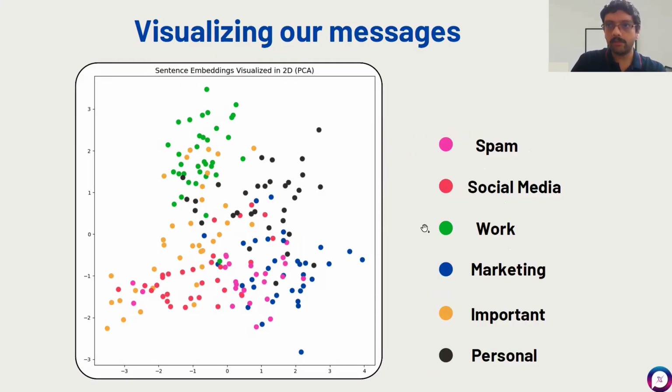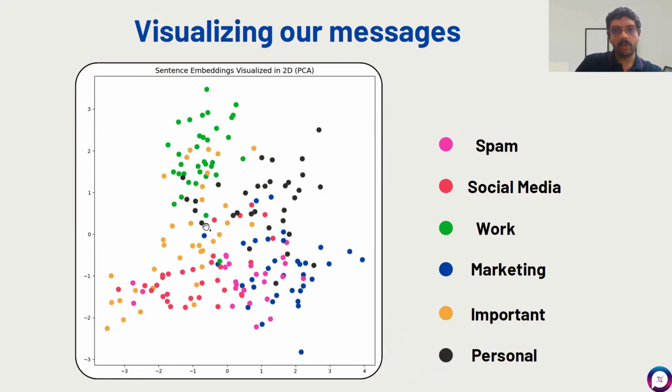When I again take the embeddings and run a principal component analysis on that, we see how it works fairly well. It clusters the emails into these data points, which, when projected into two dimensions, looks like this. You see the spam emails here. As you can imagine, spam and the marketing emails coincide. You have the social media emails, slightly different, but again in that same area.